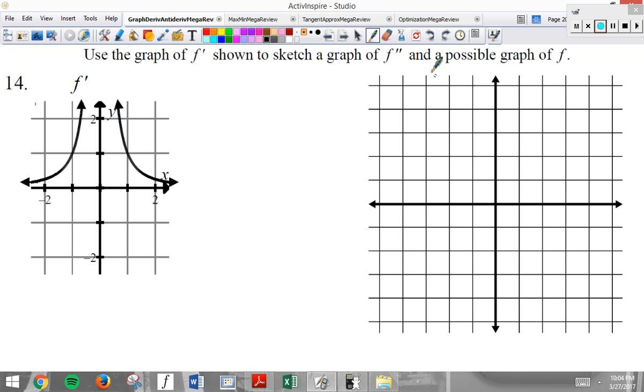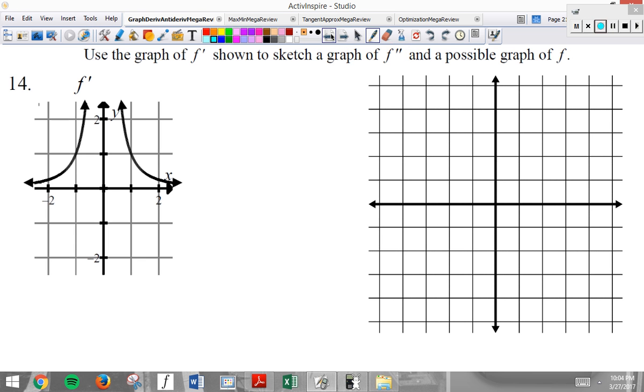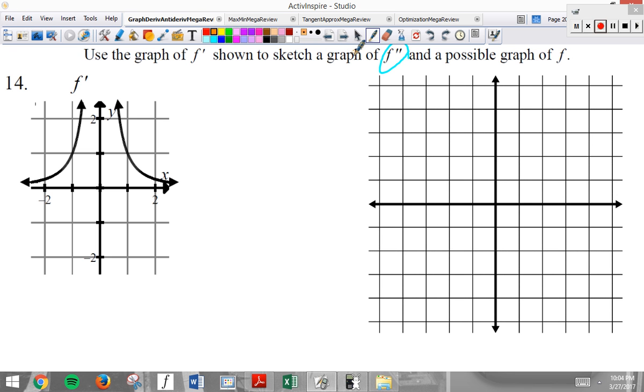Alright, same process. Give me F double prime first, then give me F. Pause it. Try it. 3, 2, 1. Okay, what's happening here?